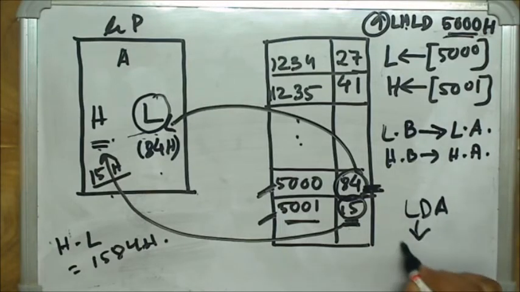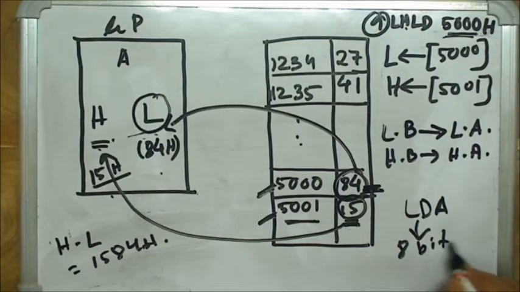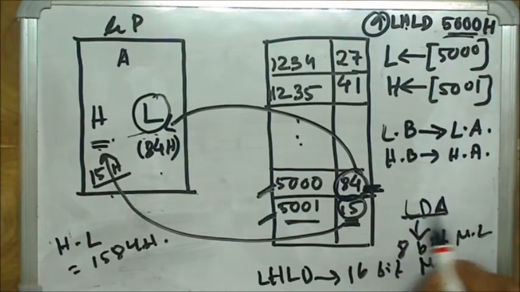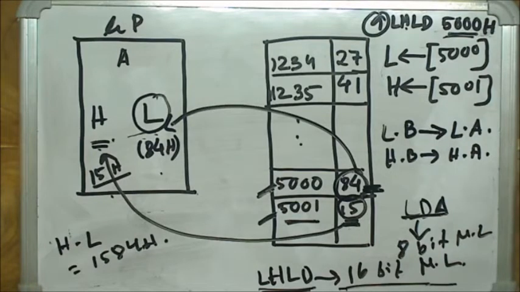If you want to access 16-bit data from a memory location, you use LHLD. Understood the difference? Clear?